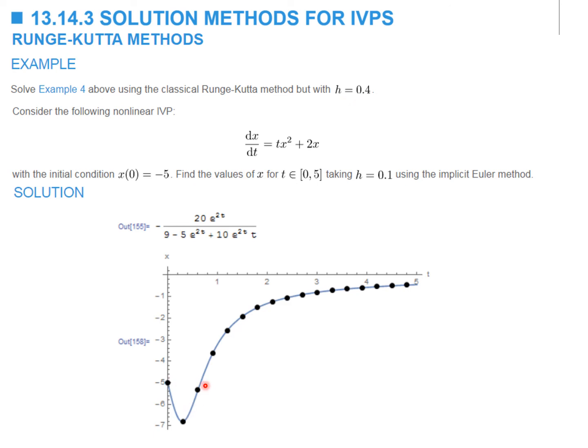The black dots are following the blue exact solution. The blue line gives the exact solution, and you can see the black dots are matching it exactly, implying that this method is very accurate. Of course, for this particular example.